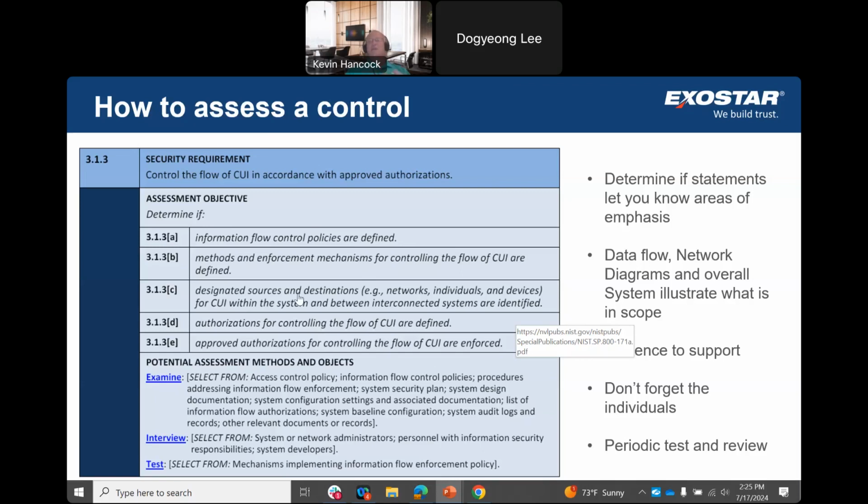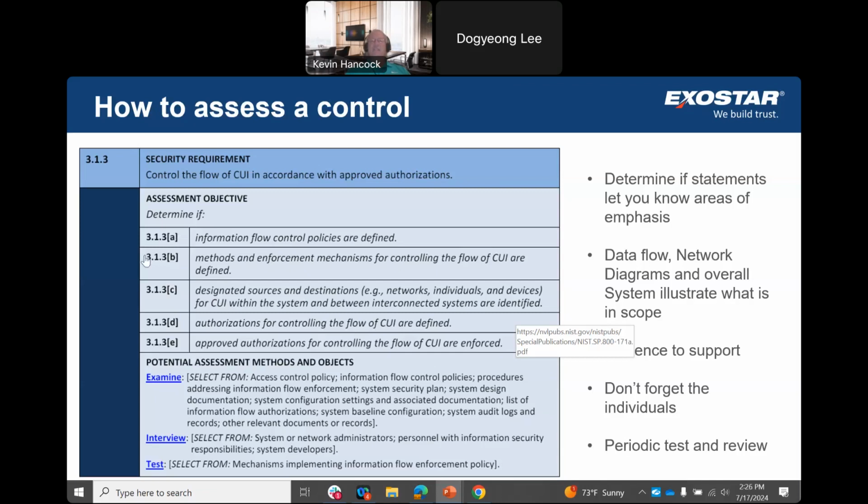It enters my network via email. From email, it's often stored on this file share, or we print it out and we store it in this file cabinet. Who can grant access to those things, that authorization for controlling the flow, right? So these are the "determine if" statements.